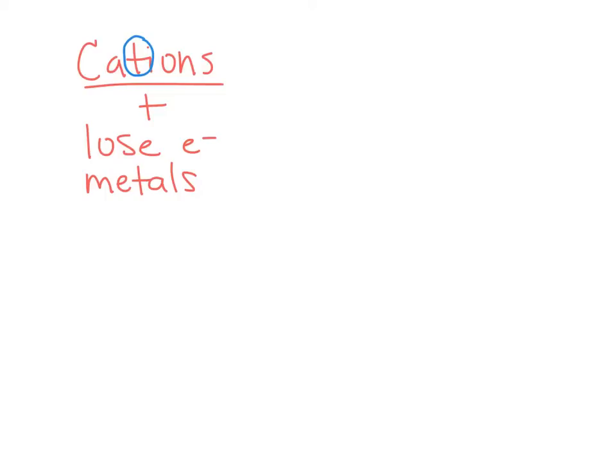It can also form a -1 charge also. All right, so cations are positive. They lose electrons. They are your metals. And when we name a cation in a chemical formula, the name is unchanged. It doesn't change at all. It stays the same.